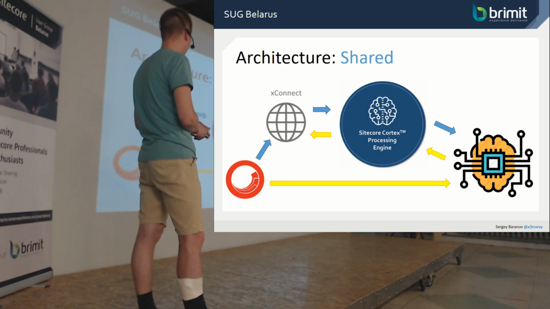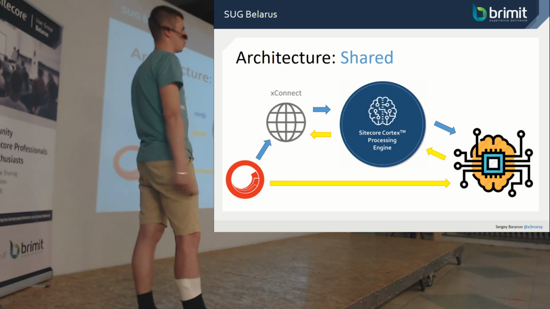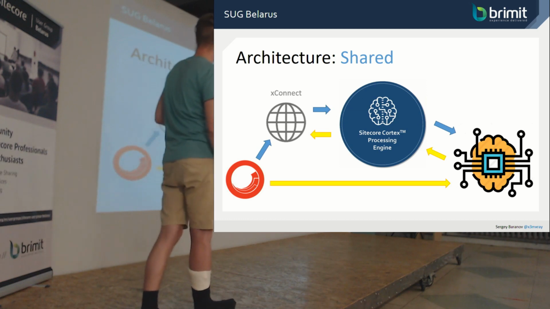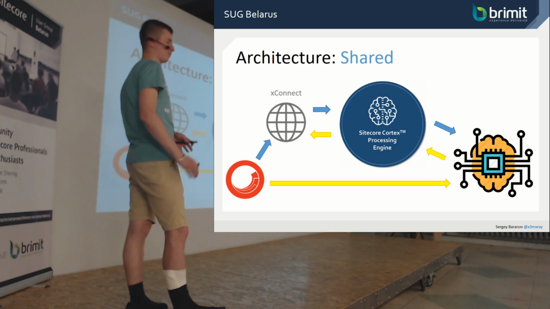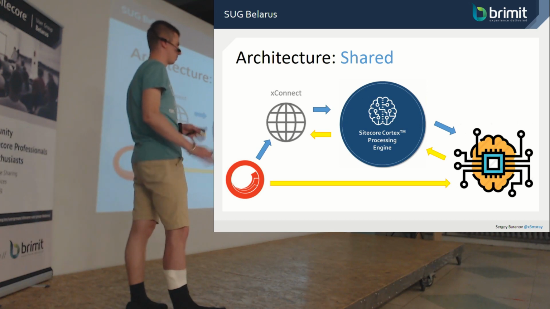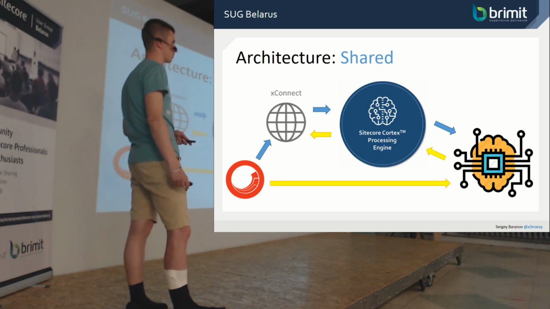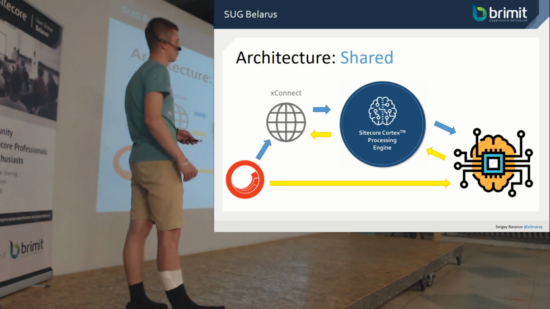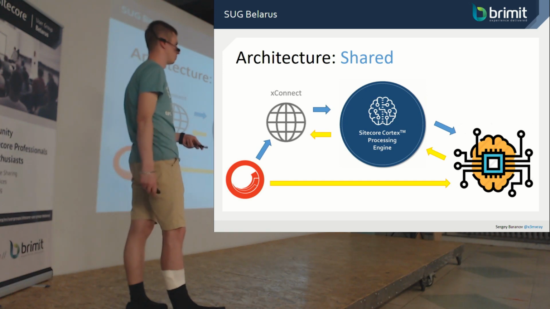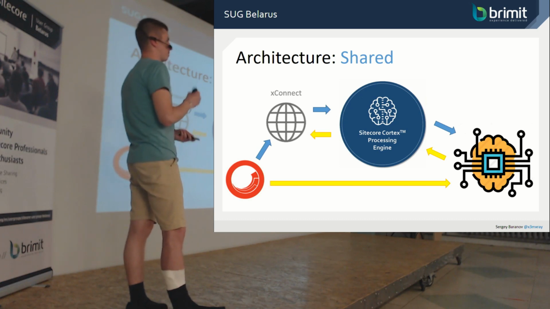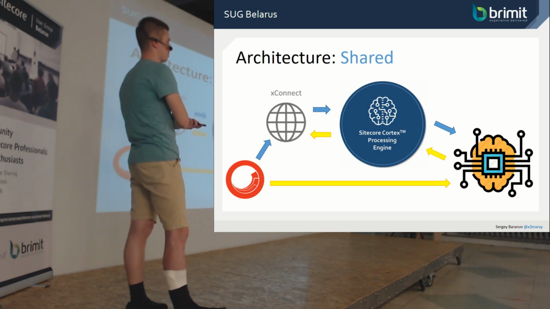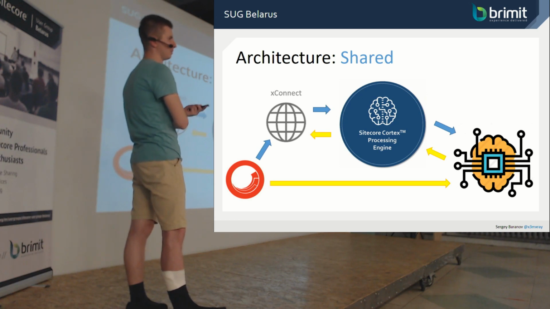Okay, let me explain a little bit how my demo looks. Just imagine we have a product store. We have a lot of customers, about 5,000, and we have a lot of orders, about 2 million. And we want to predict how many orders we will have in a future period of time.